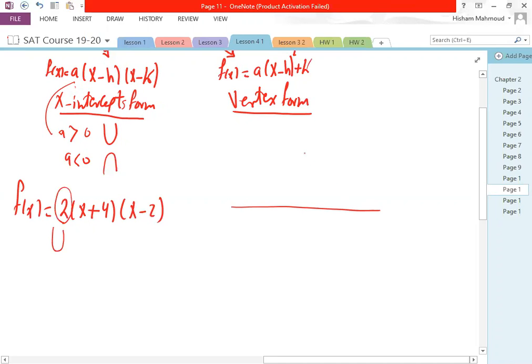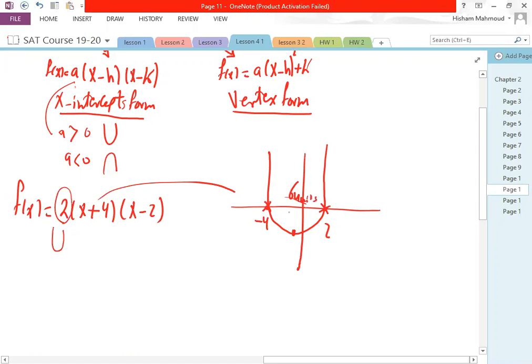To graph this function directly, I will go to the point negative 4 and the point 2, and draw the curve between them. So I need to find the vertex. The vertex is the midpoint between 2 and negative 4. What is the distance from negative 4 to 2? It is 6 units.